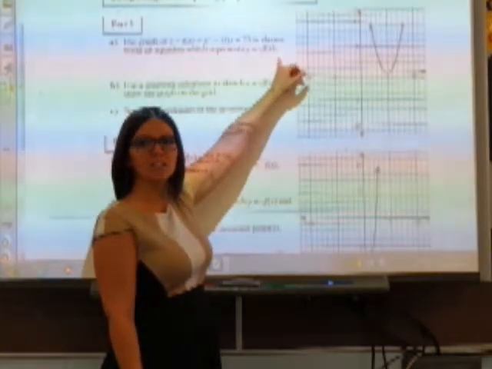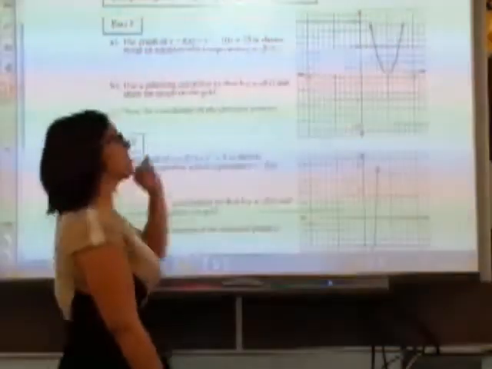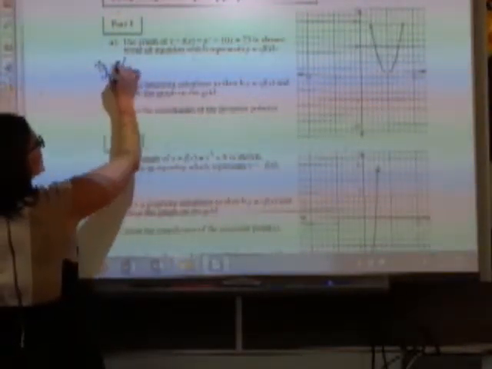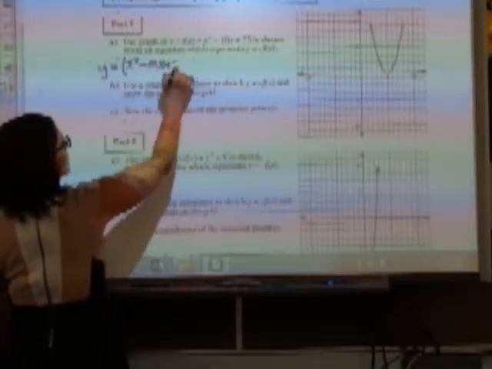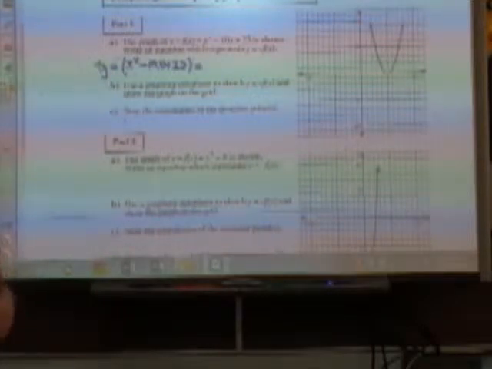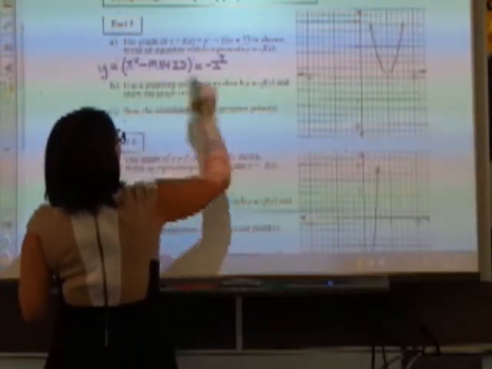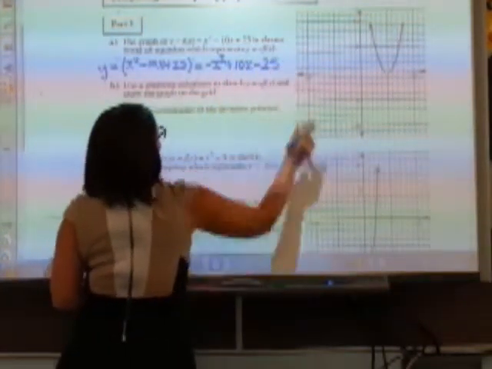It's not with the x's, it's actually with the y. So my equation would be y equals negative (x squared minus 10x plus 25), which when I multiply everything inside the brackets by negative 1, I would get negative x squared plus 10x minus 25.